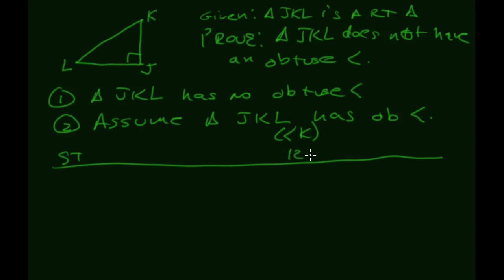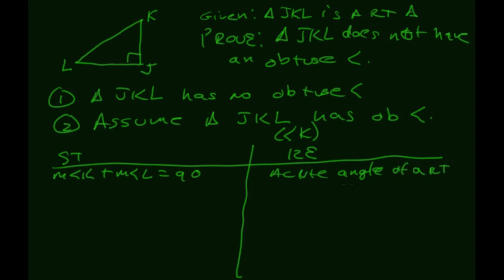Statements, reasons. Well, we know from this drawing that the measure of angle K plus the measure of angle L has to equal 90, because acute angles of a right triangle sum to 90.